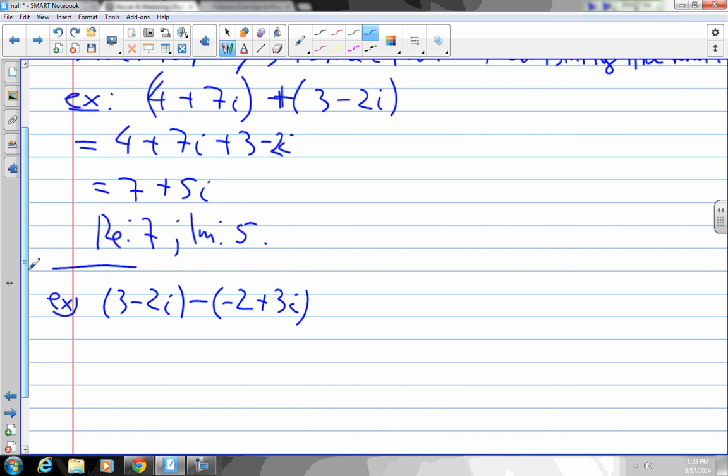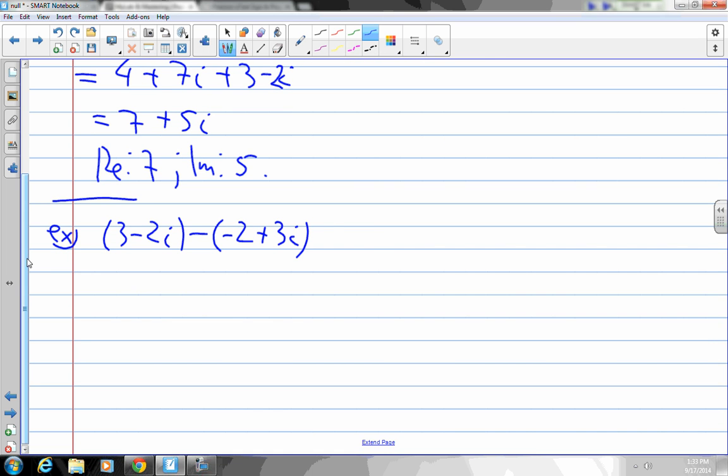Just opening up the parentheses, combining like terms, and so forth. So that's 3 minus 2i plus 2 minus 3i, which gives you 5 minus 5i. Just combining like terms. Is that okay? All right, good. So the real part is 5. The imaginary part is negative 5.